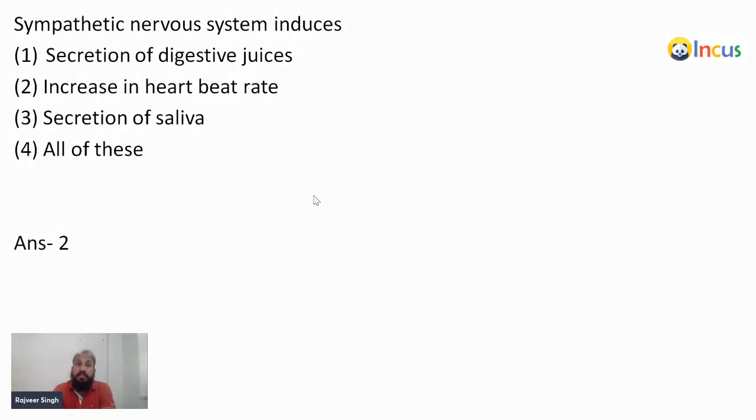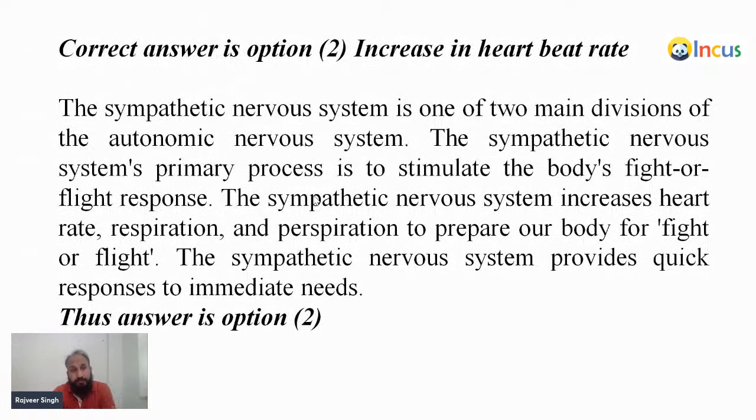Next question: the sympathetic nervous system induces secretion of digestive juice, increase in heartbeat rate, or secretion of saliva. The answer will be second, increase in heartbeat rate. Let me describe why we chose the second option. The sympathetic nervous system is one of the main divisions of the autonomic nervous system.